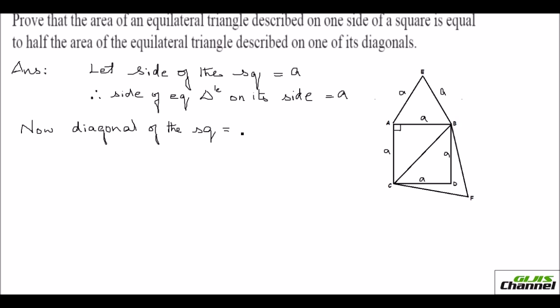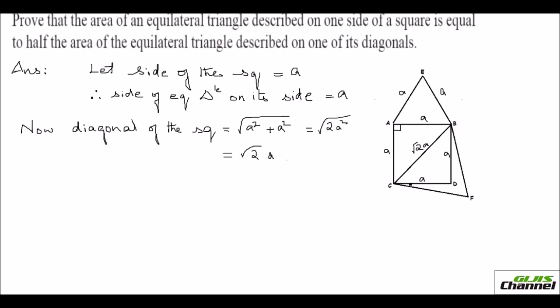So this will be square root of a square plus a square, which is nothing but square root of 2a square, and that implies root 2a. Because for a square you can find the square root, it is a. So the diagonal you have got is root 2a.